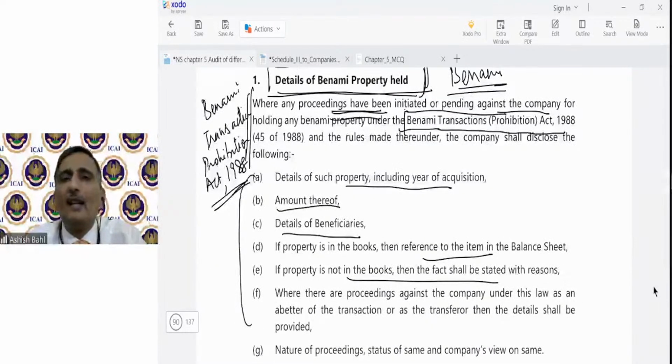So try to understand the basic idea that if some proceedings have been initiated against the company under Benami Transaction Prohibition Act, then certain disclosures are required to be made. Okay, like detail of property, amount involved, and such things. Detailing of Act is not in your syllabus. Abettor means a person who is making that transaction happen, who is helping somebody. Okay.